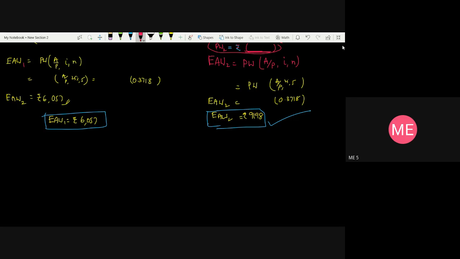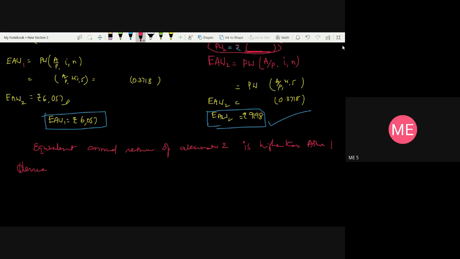So this will be chosen as the best alternative. So you can write that the equivalent annual return of alternative 2 is higher than alternative 1.